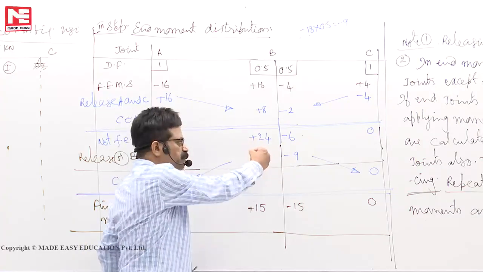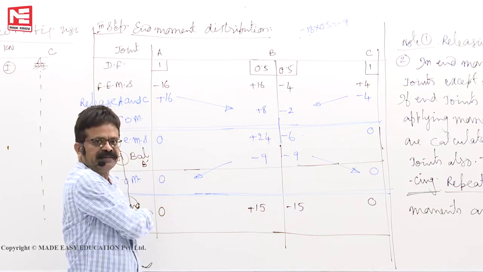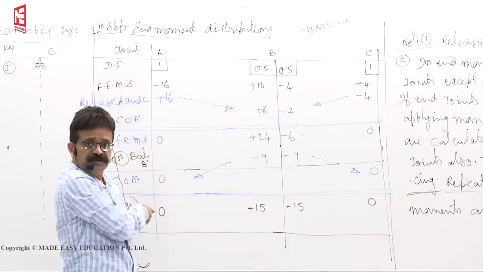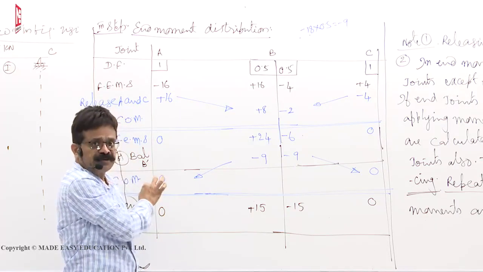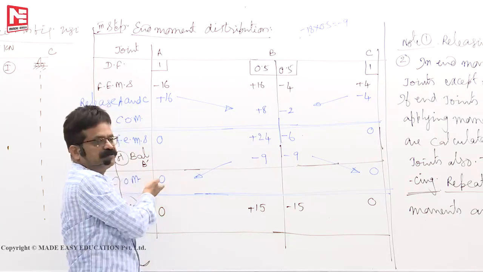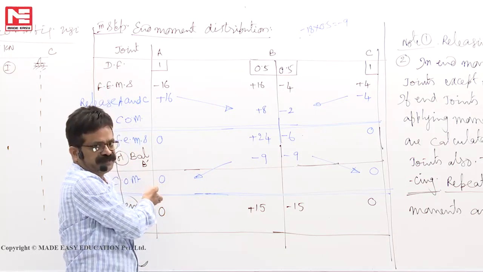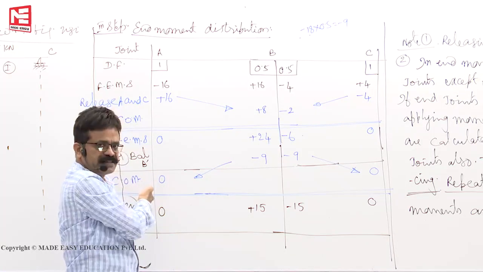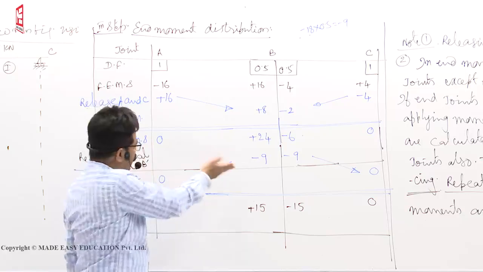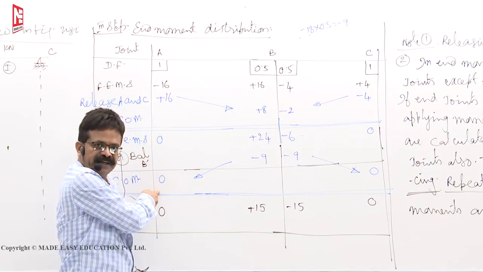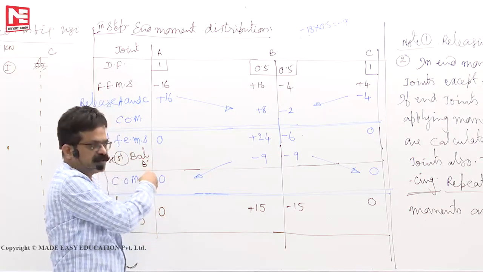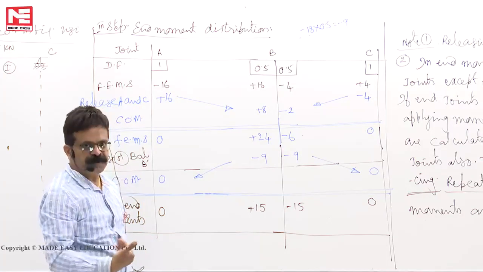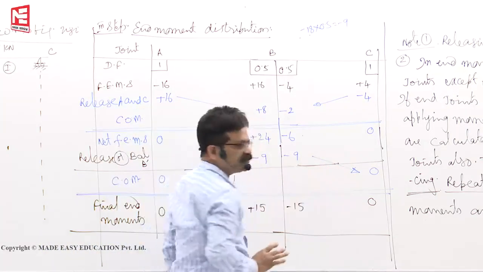Since you applied minus 9, half of that is carried over here. But here A is now completely unlocked, a hinge support. So from here to here, no moment will come, because when the far end is hinged, the carry over moment is 0. Otherwise, half of that moment we could have carried over if it were a fixed support. That example we'll take in the next problem. Here also from here to here it is 0.